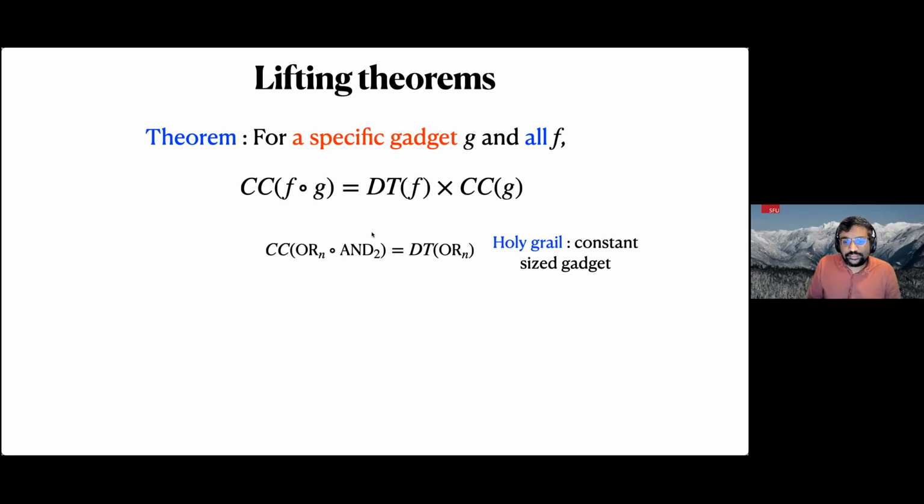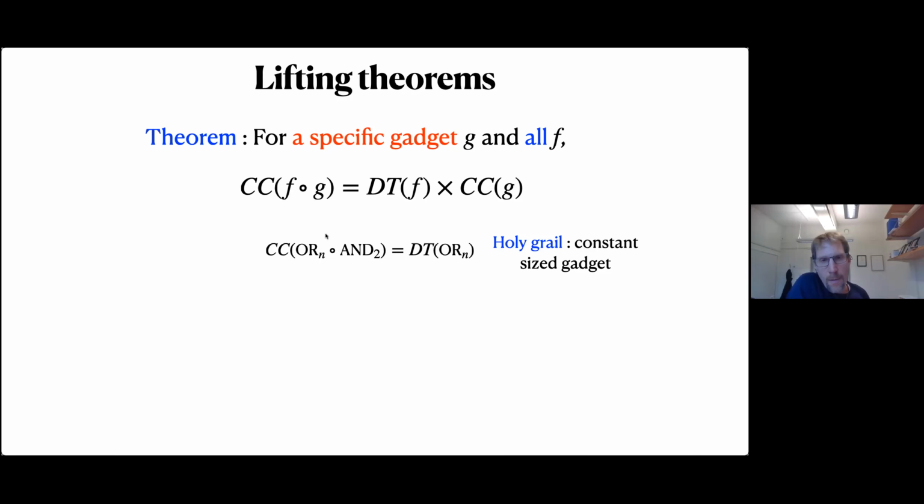For example, if we had a lifting theorem for the AND gadget on 2 bits, then we could prove that the communication complexity of the OR function composed with the AND gadget equals the decision tree complexity of OR. This would retrieve the classical result that disjointness, or set intersection, requires communication complexity almost omega n.